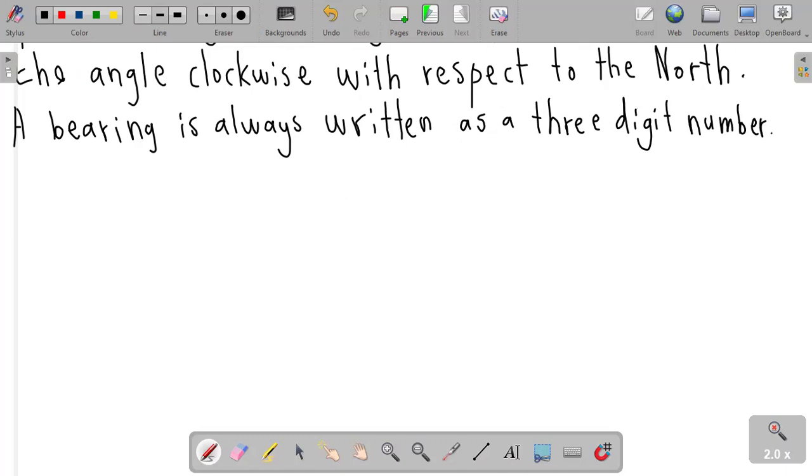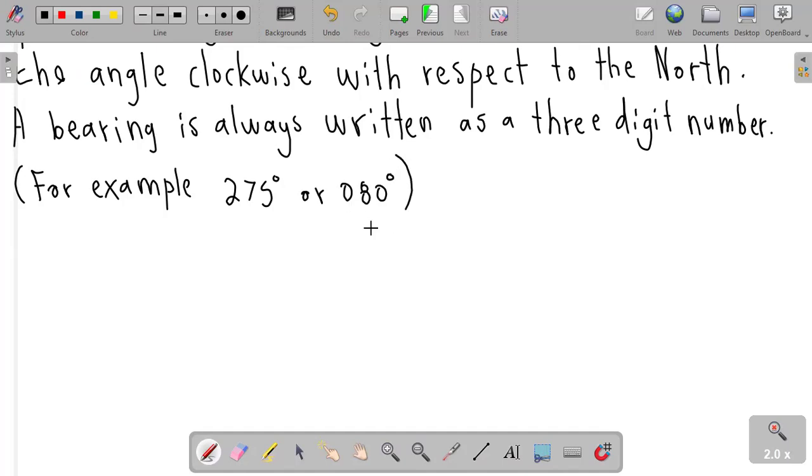So it's always written as, for example, 275 degrees or 080 degrees. We don't say 80 degrees here, we say 080.